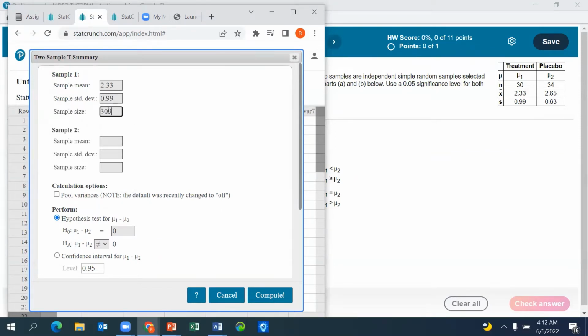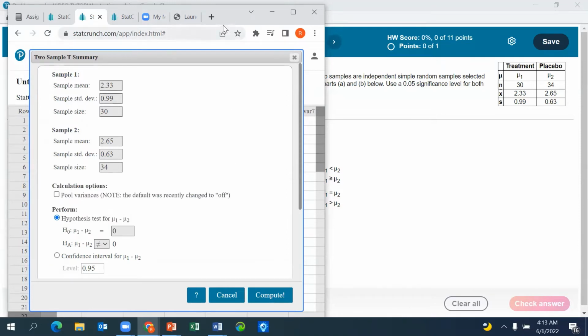So you just enter the values from the table. Now sample 2, which is the placebo group, has a sample mean of 2.65, sample standard deviation of 0.63, and the sample size is 34. So make sure to double check your answers. You did not make a mistake.